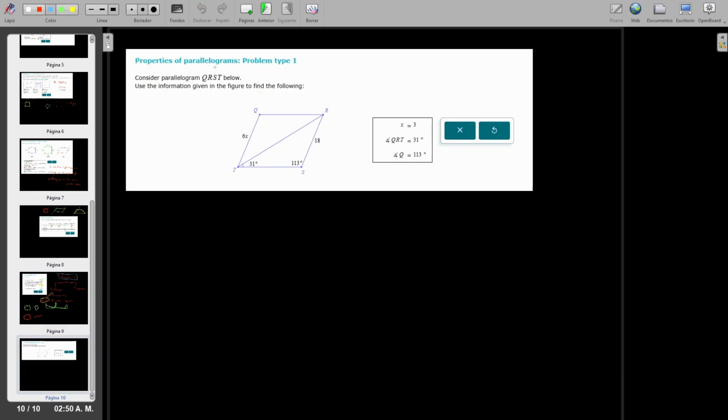Now to the last one. They are asking us to consider the figure QRST as a parallelogram. We have this information and we need to find the following: x, the angle QRT, and angle Q. First x.